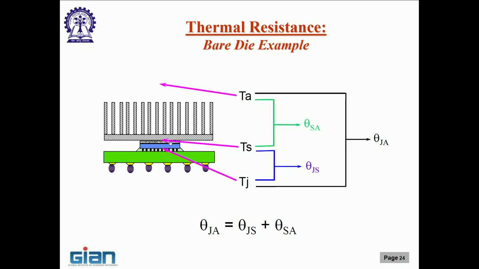This thermal interface material typically is like 50 microns; my thermocouple bead is thicker than that, so I cannot measure the intermediate temperature within the thermal interface material, right. However, if I make these two measurements, the junction and the sink, or even at the top of the sink also, and I am trying out different interface materials, I should be able to at least compare and see which thermal interface material is good or bad.